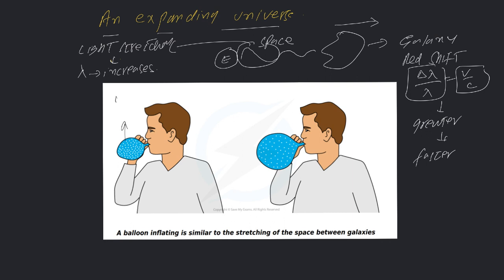This is the original balloon, and as soon as you blow air into it, the size of the balloon starts to increase. The dots on the balloon represent the galaxies. You will see that in the first figure there is less space, and in the second figure there is more space. This is the best example of an expanding universe.